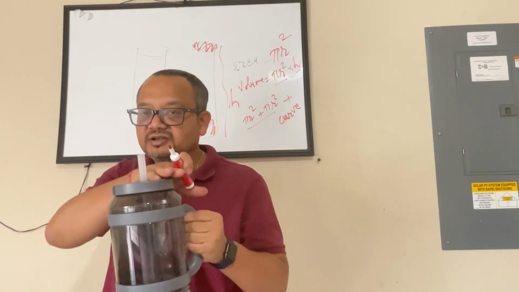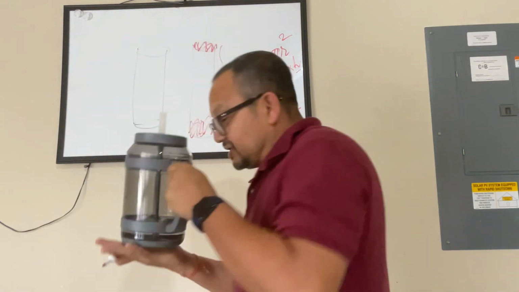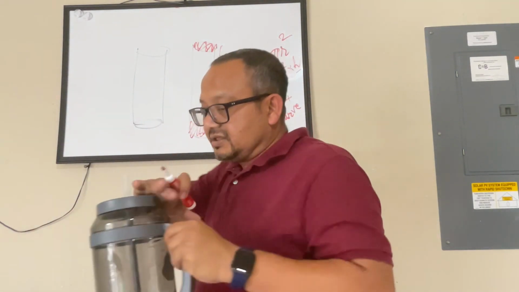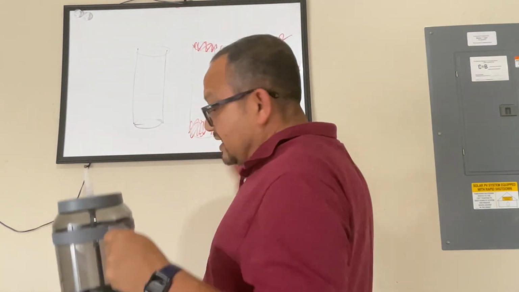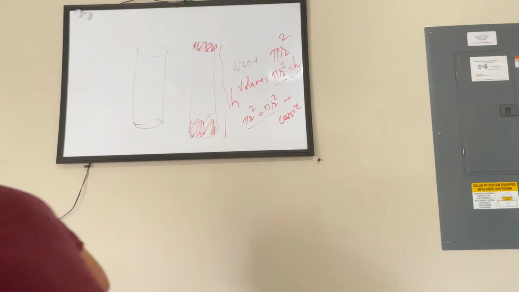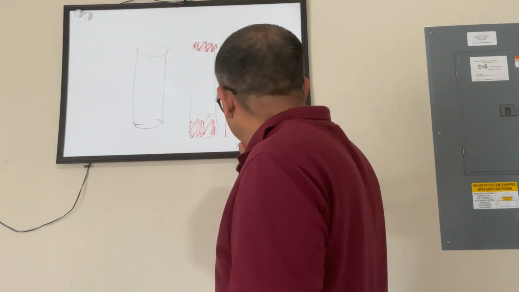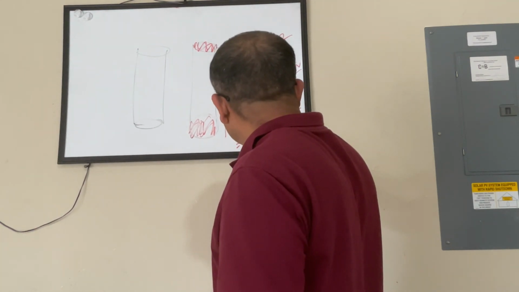I would need to paint the top and the bottom. This bottom is a circle, pi r squared. This top is a circle, that is also pi r squared. And then the curve. So now this will be 2 pi r squared plus the curve.